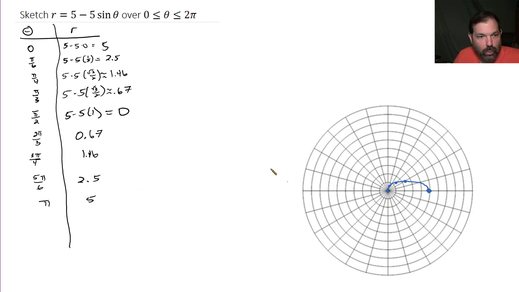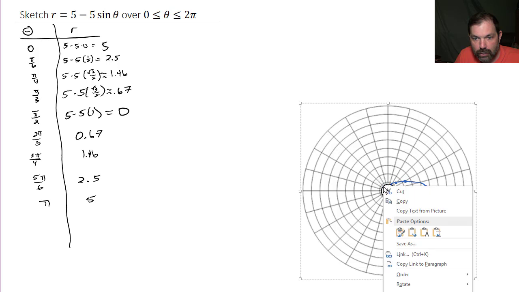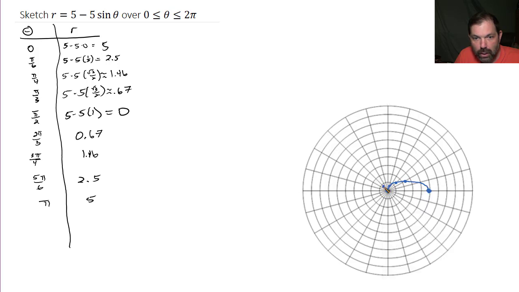All right, so plotting those points. At 2 pi over 3, I'm back out to 0.67, so that's about here. And 3 pi over 4, I'm at 1.46, about here. At 5 pi over 6, I'm at 2.5.